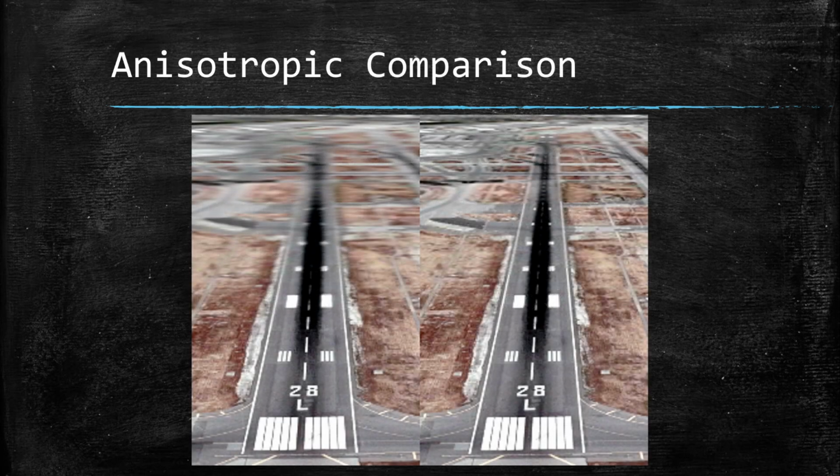So if we notice here, if we had a texture map put on our world, and it's projected onto this, you'll notice that with bilinear interpolation, it gets blurry right up top here. If we use anisotropic filtering, then we end up with something that looks pretty good all the way through.